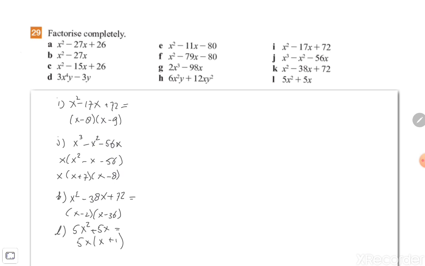So again, be aware that exercise D was a difficult one, and even exercise G, where you need to use the remarkable product a squared minus b squared is equal to a plus b times a minus b.